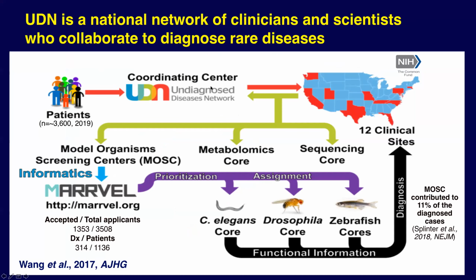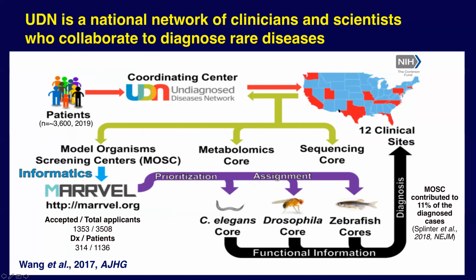So we became part of the Undiagnosed Diseases Network, which consists of a lot of clinical sites, now 12 clinical sites. The UDN has expanded. And the patients can apply to the coordinating center of the Undiagnosed Diseases Network and get assigned one of those clinical sites that are in any of these states with red boxes.